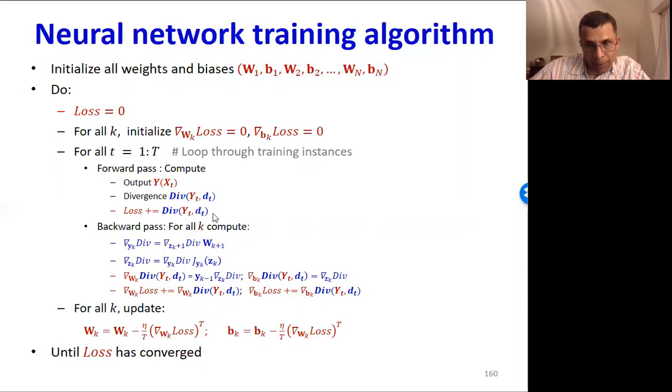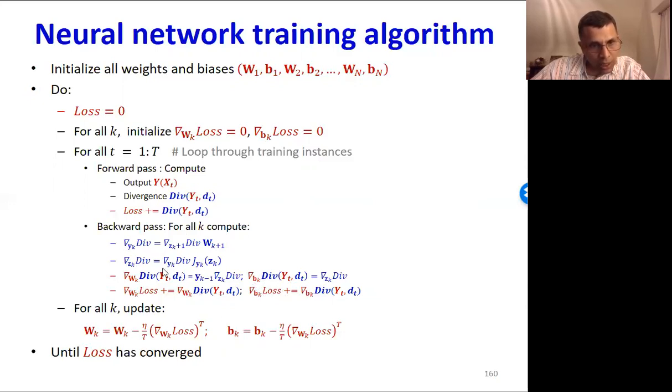Then we perform backpropagation. We go backwards through all of the layers, and for each layer, we compute these intermediate derivatives with respect to the outputs and the affine values for the layer, and also compute the derivatives now for the weights and the biases for the layer.